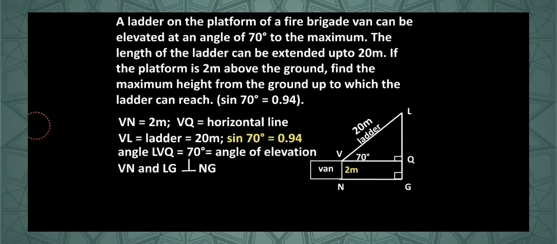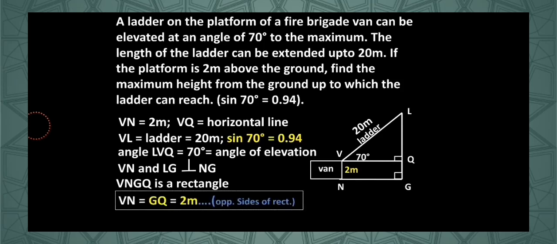VN and LG both are perpendicular to NG, and that makes VNGQ a rectangle. When VNGQ is a rectangle, we can say VN is equal to GQ, making it 2 meters, and that is what we needed. That is the first part of our action plan. Reason: opposite sides of a rectangle.